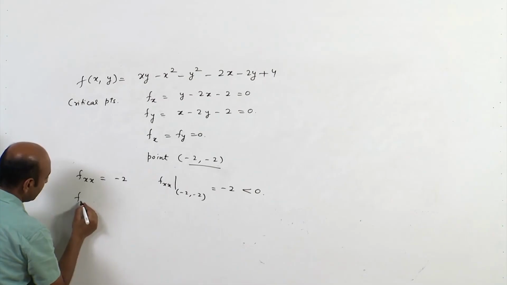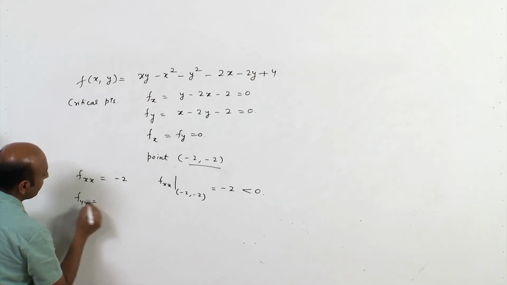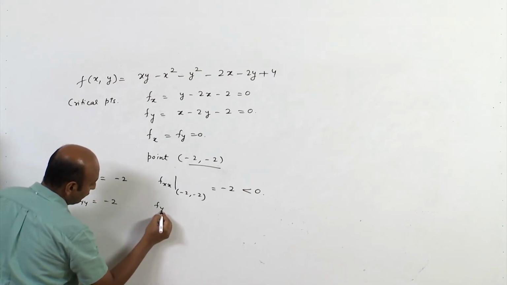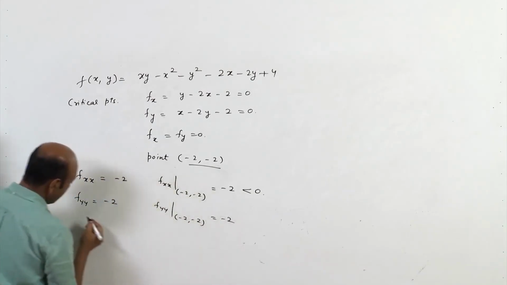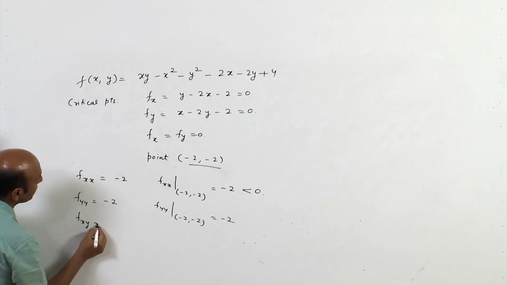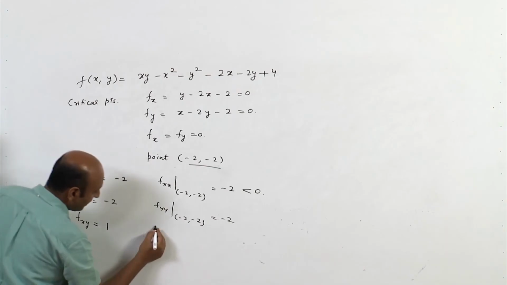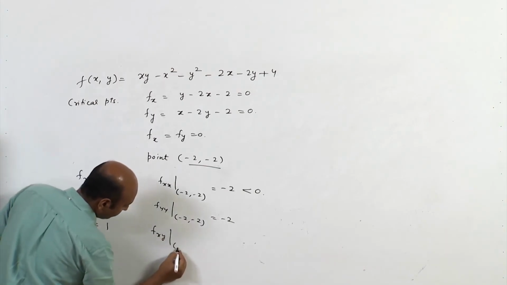Now what is fyy? Fyy is again -2. So fyy at this point is -2. And what is fxy? Fxy is 1. So fxy at this point is also 1.